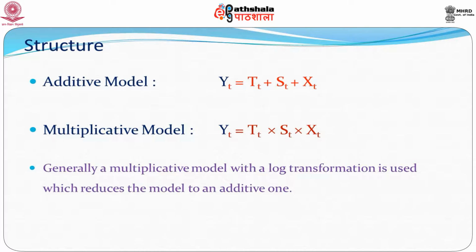Generally, a multiplicative model with a log transformation is used, which reduces the model to an additive one. So, with most time series we generally start with a multiplicative model, then take a log, and hence the log model now is an additive model. Actually, if we have an exponentially increasing trend, then the log reduces it to manageable limits.